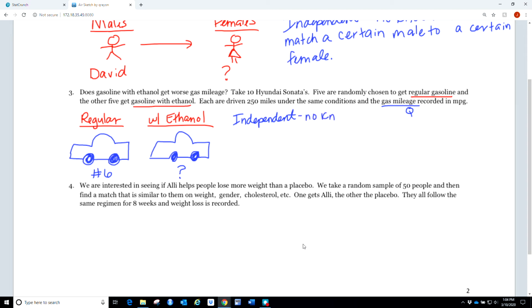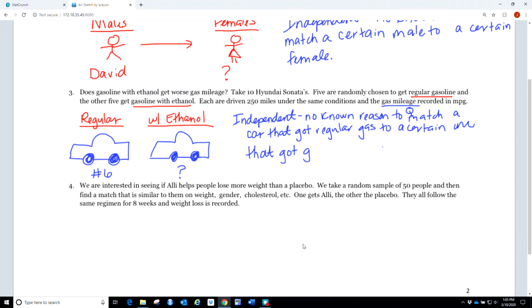So here I have no known reason to match a car that got regular gas to a certain one that got gas with ethanol. And again, remember, we always assume independent until we know otherwise.